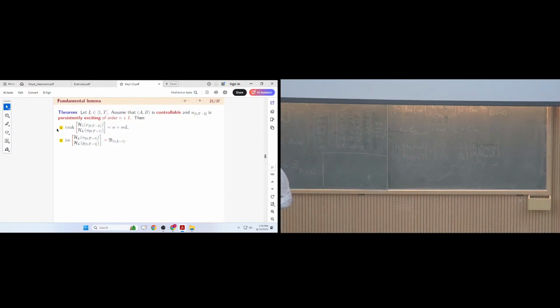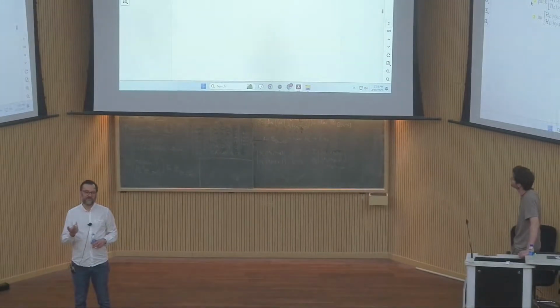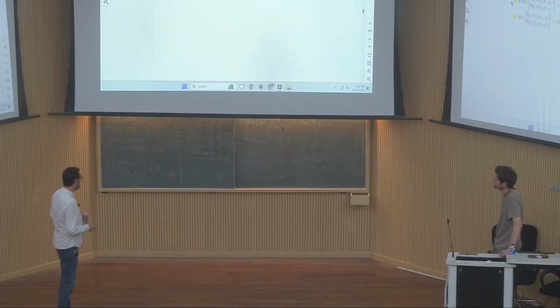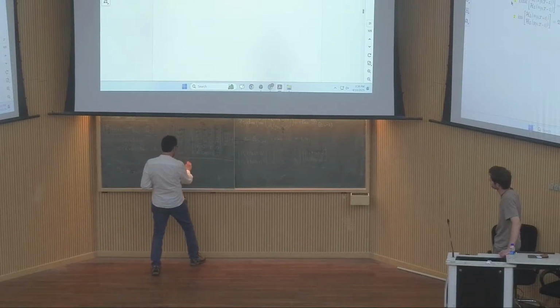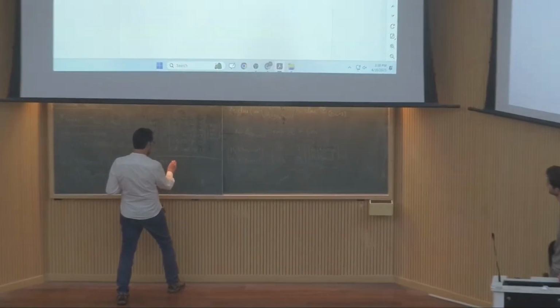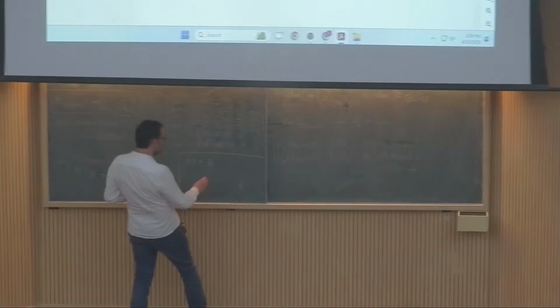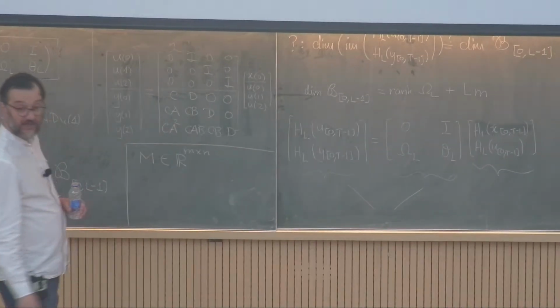When it comes to making conclusions about rank, the most important tool is the rank nullity theorem. It's a very cute result. It is about an arbitrary matrix, let's say M, with M rows and N columns.